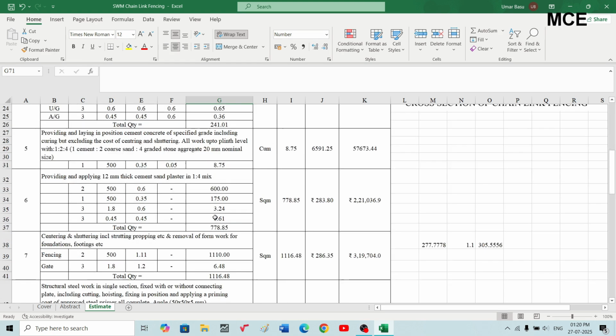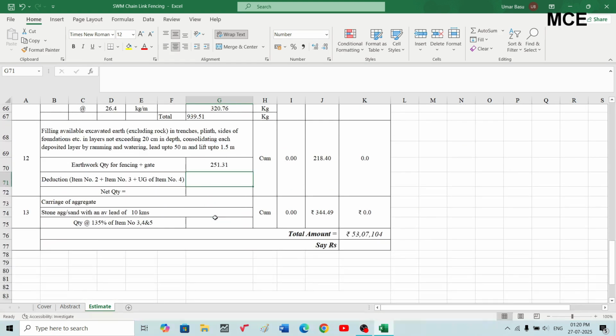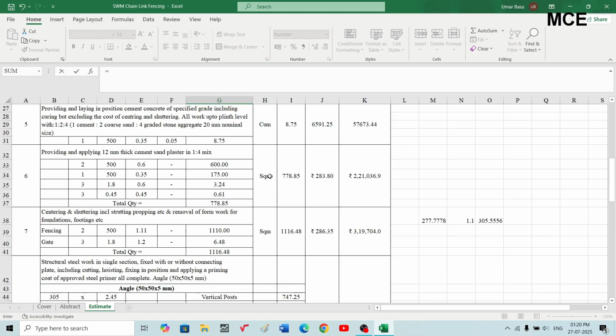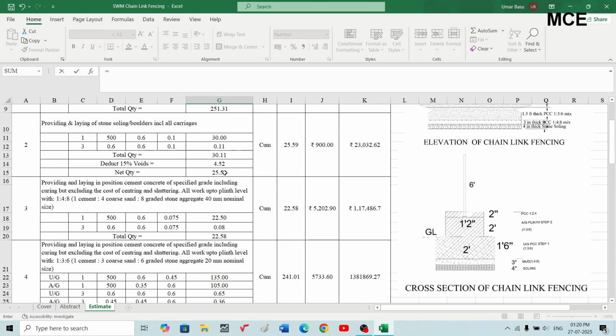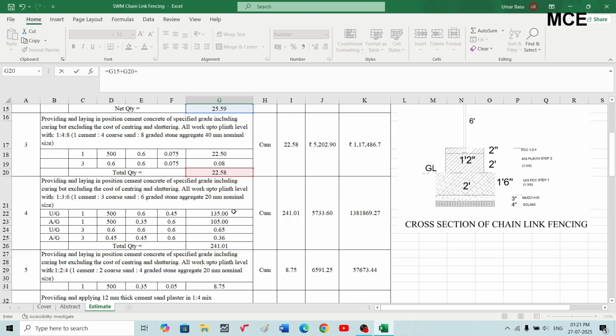So the sum of these 3 quantities: item number 2, which is 25.59, plus item number 3, which is 22.58, plus the underground quantity of this PCC plus the underground of the gate, which is 0.65.